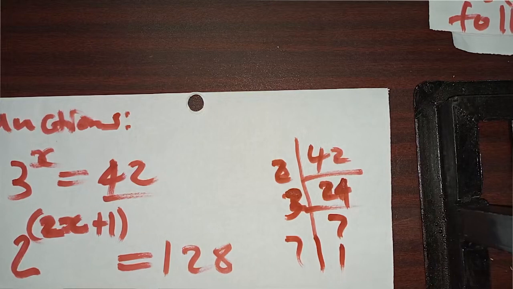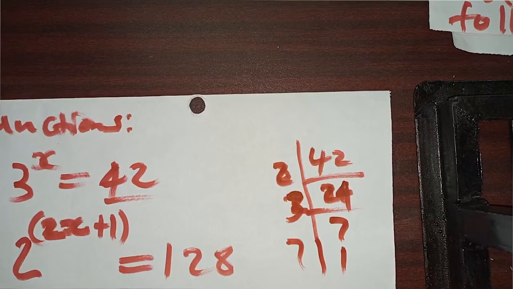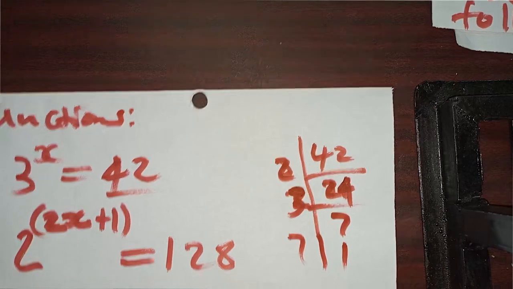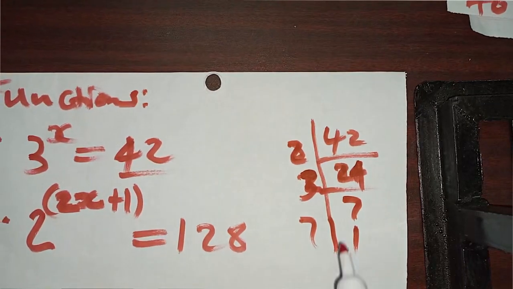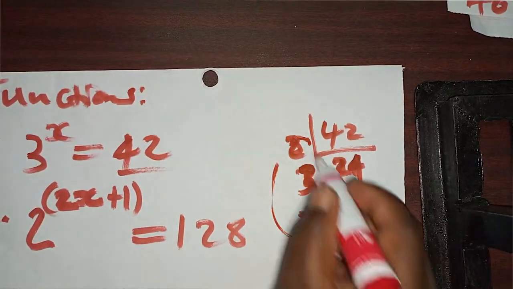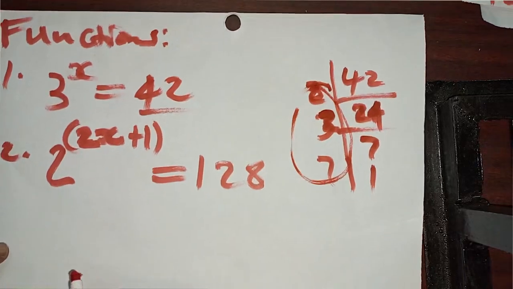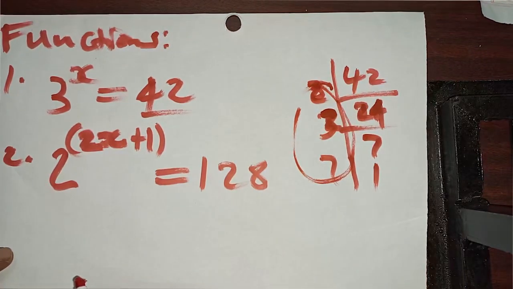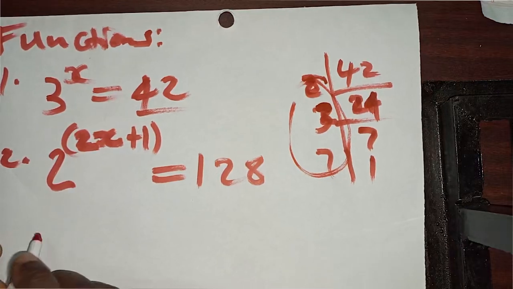Since 42 cannot be expressed in index form, automatically we are supposed to come up with a logarithm.